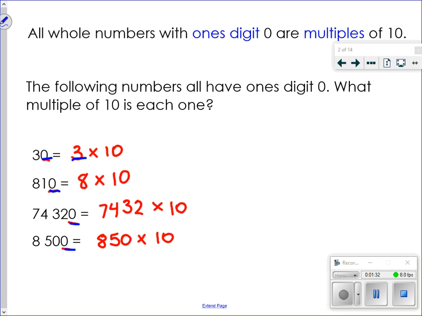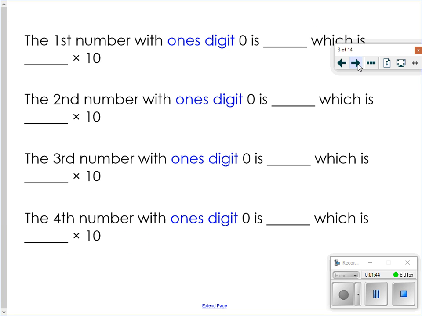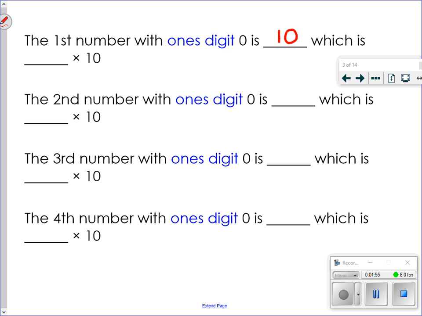3 multiples of 10, 8 multiples of 10, 7,432 multiples of 10, 850 multiples of 10. What would be the very first number in counting order with a ones digit of 0? Well, the first number that has a ones digit of 0 is 10 itself, which is 1 times 10.